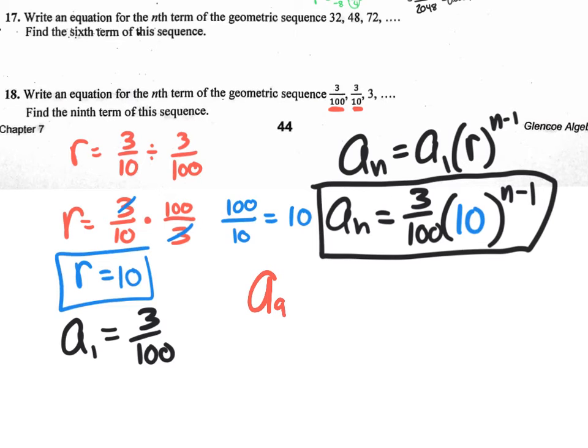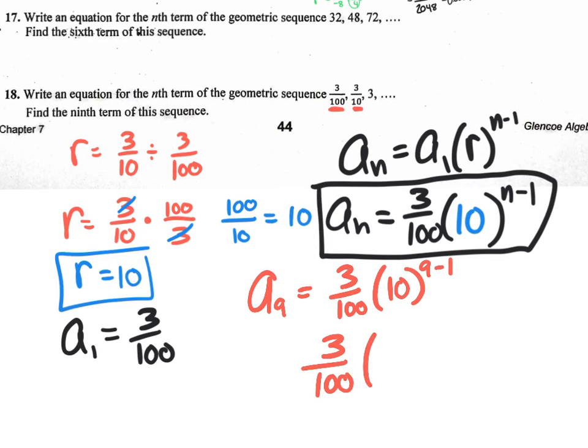That's just the notation saying that I'm going to plug in 9 into my rule. And a sub 9 will be 3 over 100 times 10 to the 9 minus 1 power, because I'm plugging in 9 in place of n, so it's 9 minus 1. So the math that you're going to do on a calculator is 3 over 100 times 10 to the 8th power.